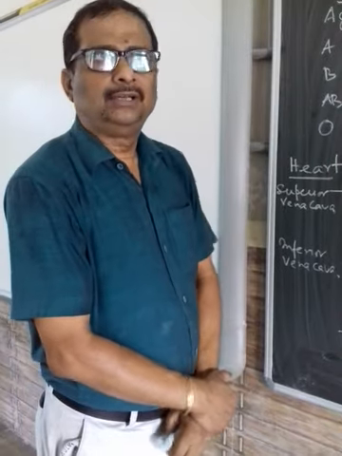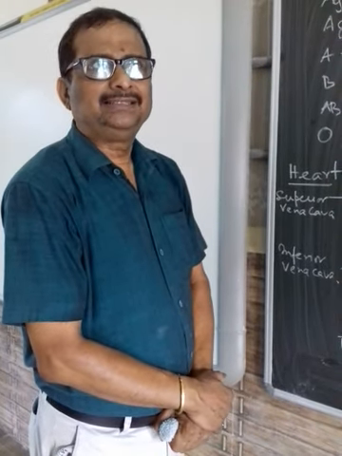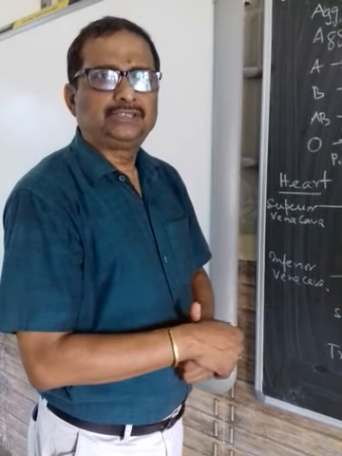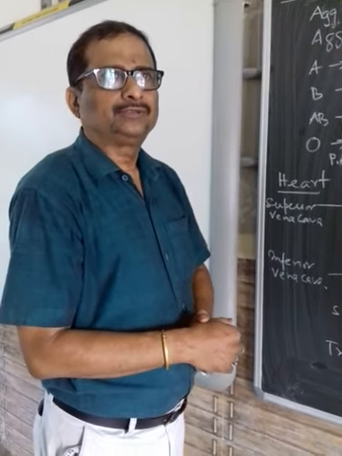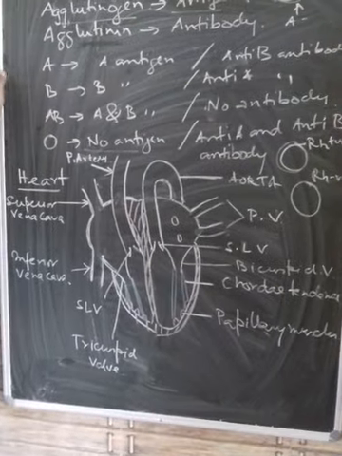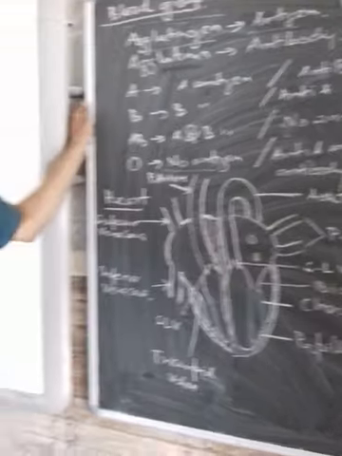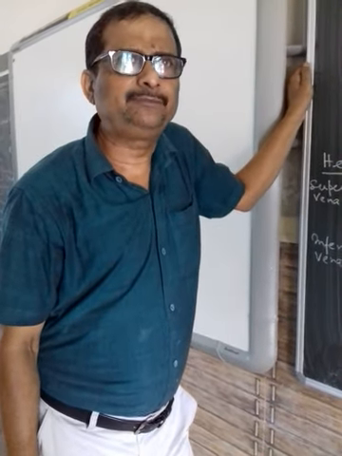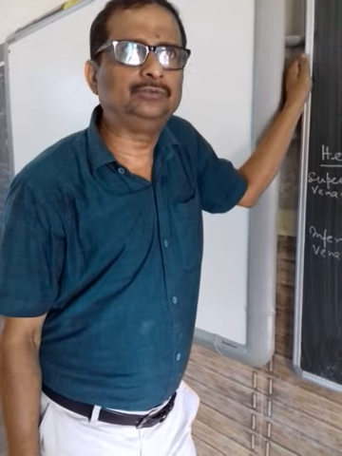The first child will be born normally, but the second child, if it is Rh positive, can suffer a stillbirth, which is known as erythroblastosis fetalis. So that's why we say Rh positive blood usually is not donated to Rh negative, but Rh negative can give blood to Rh positive.